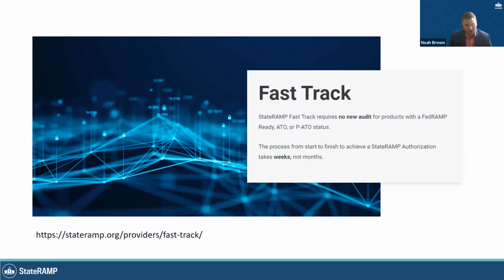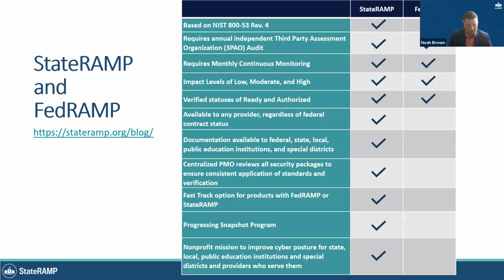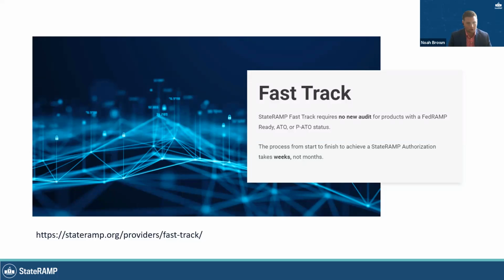I also encourage providers, I know there's been a backlog with significant change requests, deviation requests, false positives, those types of things on the FedRAMP side. If you're running into delays and those are sitting at pending for 30, 60, 90 days, you can always provide that information to us on our side, so we can at least make a determination on them and mark them, so you don't have to worry about whether those are still pending on the StateRAMP side as well. So we try to take the work you've done for federal and bring it over to the StateRAMP program and make it as painless as possible for you.